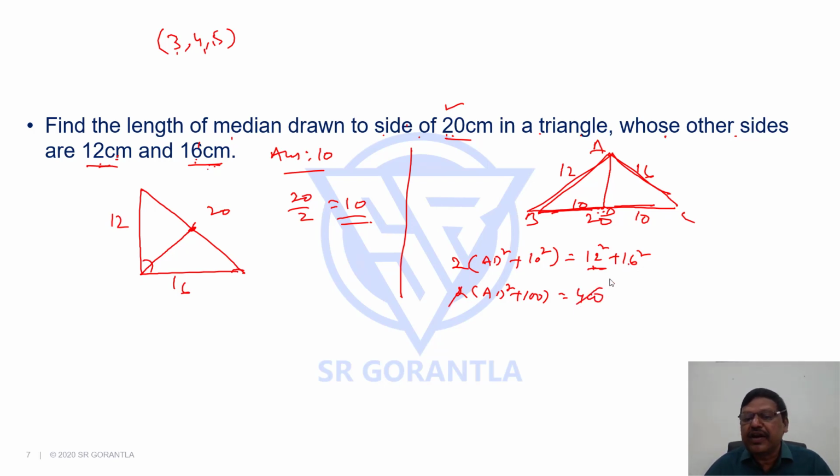It will be 200. This 100 goes to the other side. AD² equals 100. AD equals 10. We get the answer, but it requires some calculations, whereas here it is very simple. So the key is, whenever you are given three sides, identify whether they are the sides of a right angle triangle. Done? Let's take up one more question.